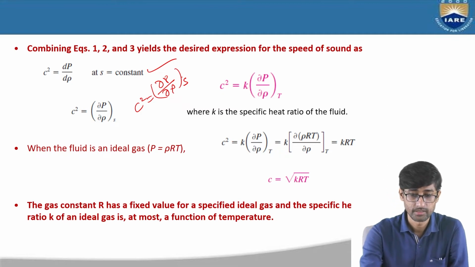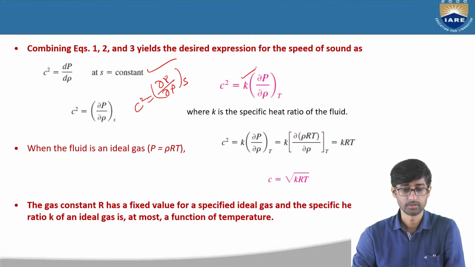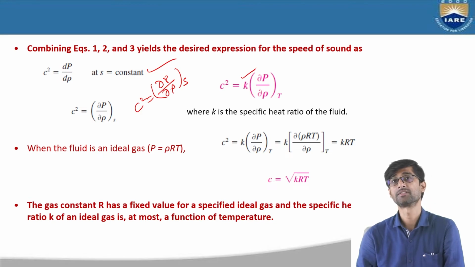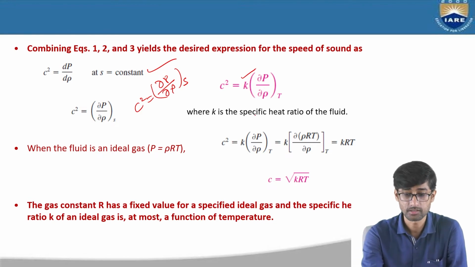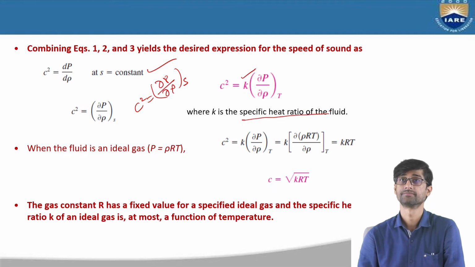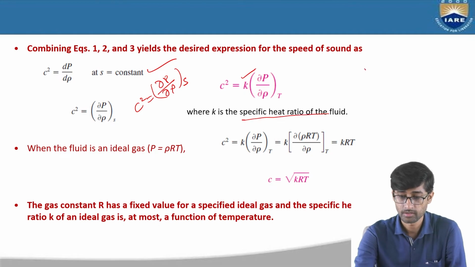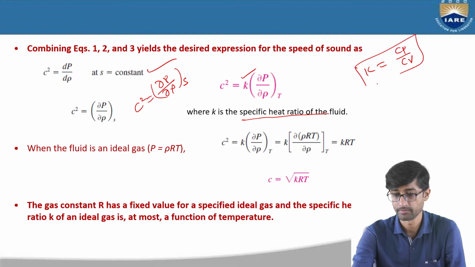Or we can write c square equals k times del p by del rho at constant temperature, from Maxwell's relations, where k is the specific heat ratio of the fluid, Cp by Cv.